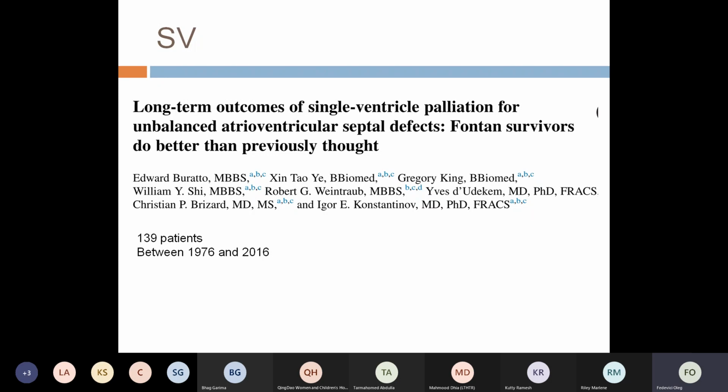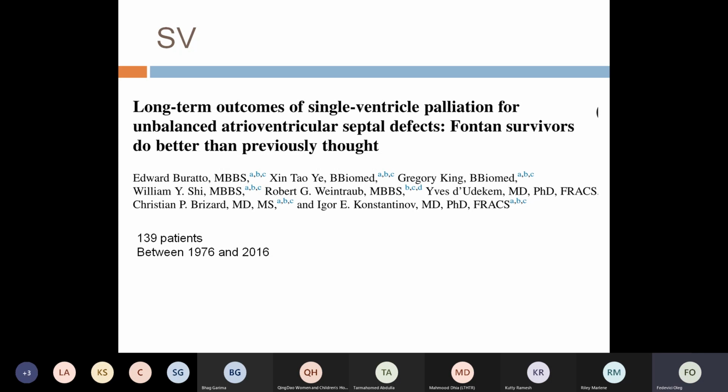It's difficult not only because of anatomy, but because most of these patients have trisomy 21, and they don't really tolerate the Fontan well. But a group from Australia with Blizzard and Konstantinov are quite optimistic about the results. So it's better than they expected.